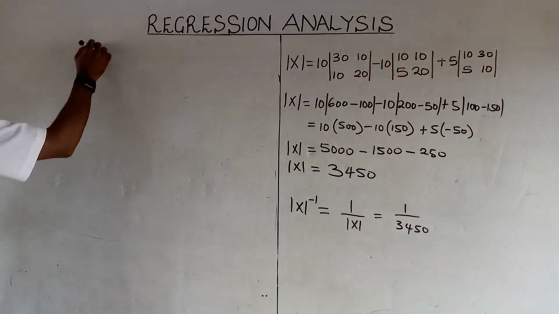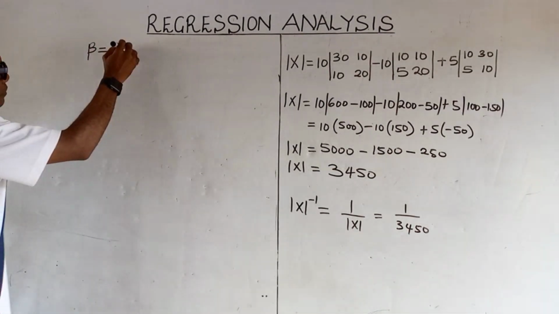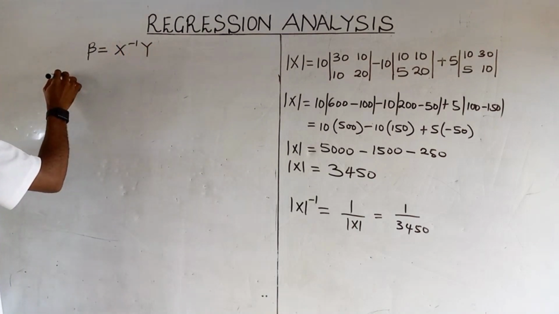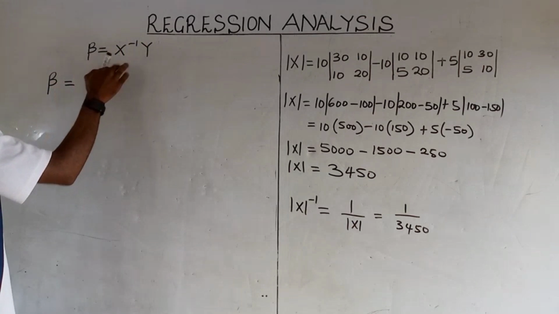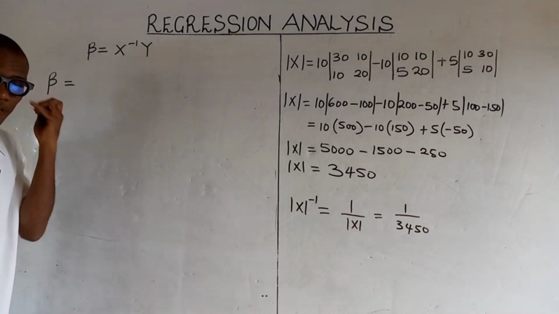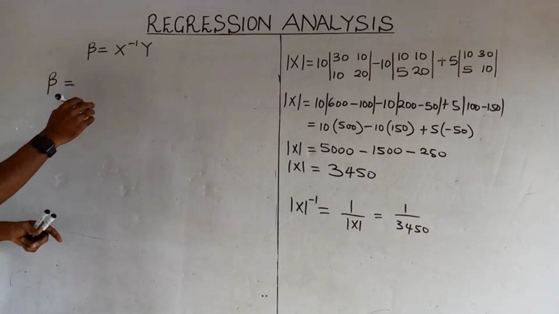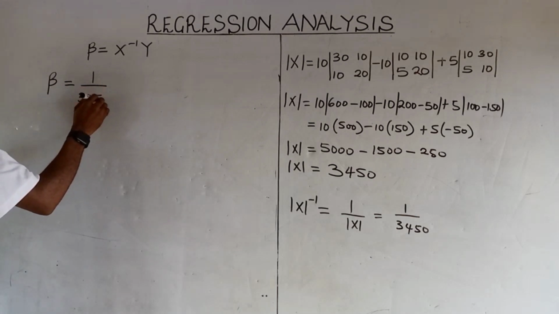If we have B to be x inverse y, our beta will be the value for x, which will have it as 1 all over 3,450.